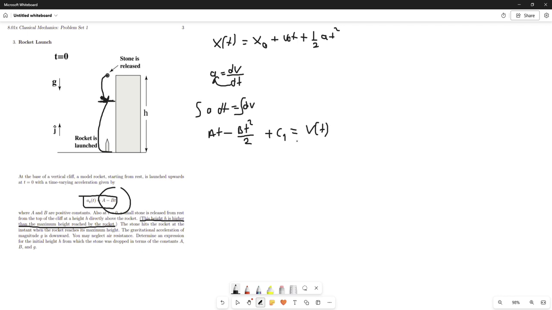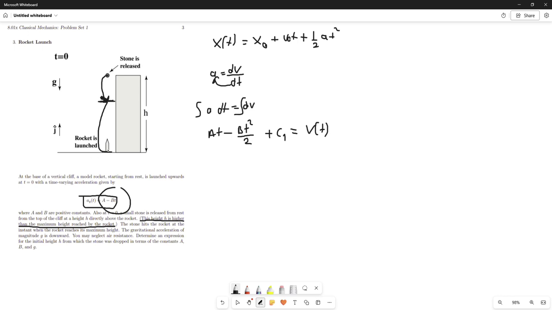Then guys, we have a constant value. You should ask this question: what is the constant value? We should find this because in physics we don't like constant values. If we put 0 for t, our velocity is 0.